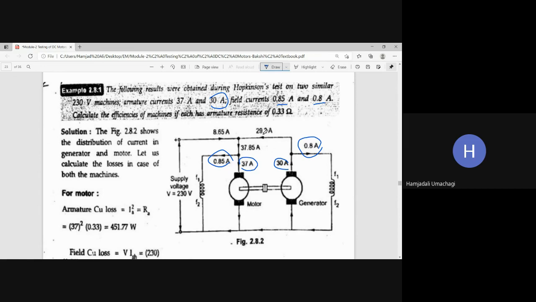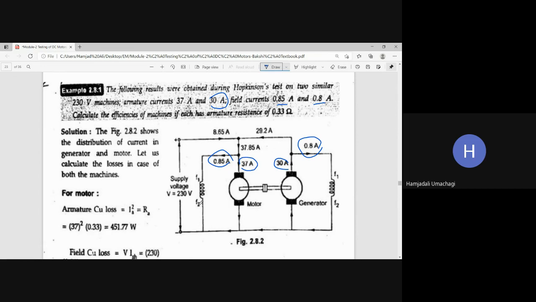If it is 29.2 ampere here and 37.85 ampere entering the motor, then taking the difference, 37.85 minus 29.2, it will be 8.65. So 8.65 ampere is the current taken from the input power supply lines, and the voltage to the motor is 230 volts DC.